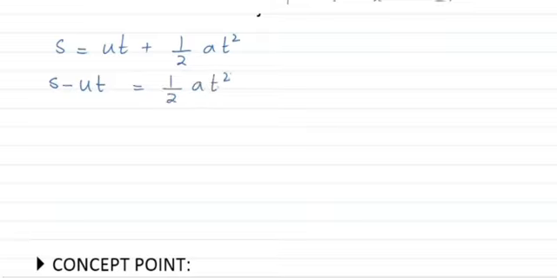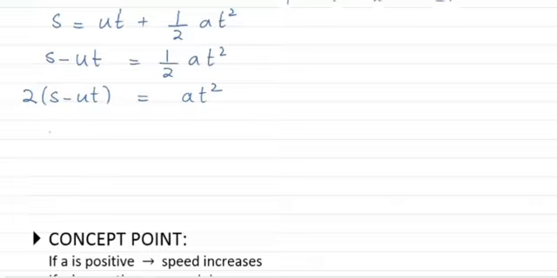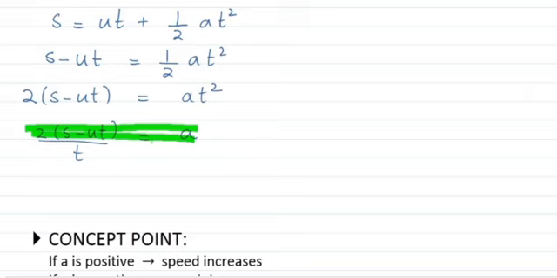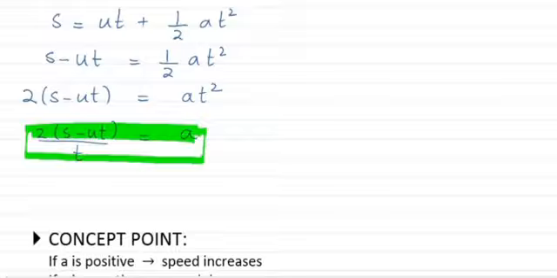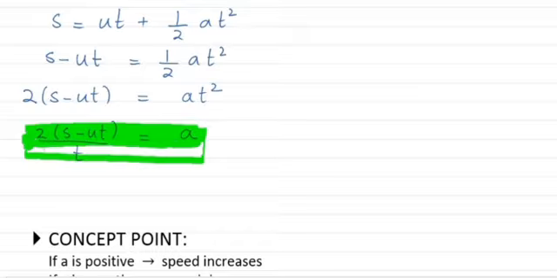The next step is we have to multiply by 2 on both sides. 2 into s minus ut equals at square. Now divide both sides by t square. So a equals 2 into s minus ut, divided by t square. This is the required formula for acceleration. If you have to find acceleration, you can use this formula.